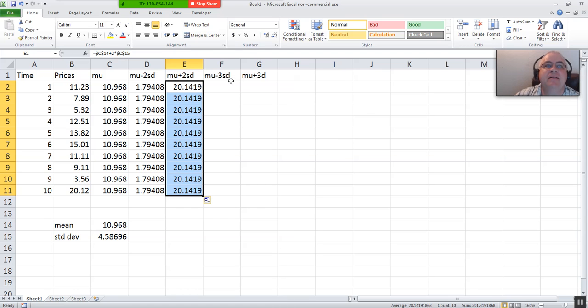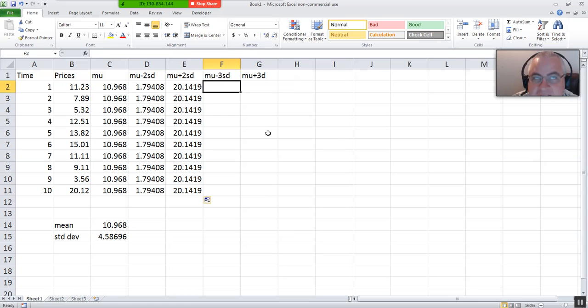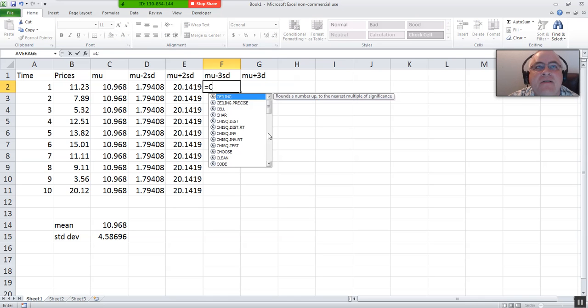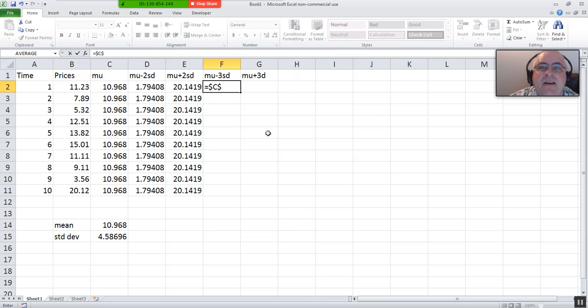And then I'll fill that down. And then move to mu minus 3 standard deviations and do equals $C$14 minus 3 times standard deviation, which is $C$15, like that. I'll fill that down.